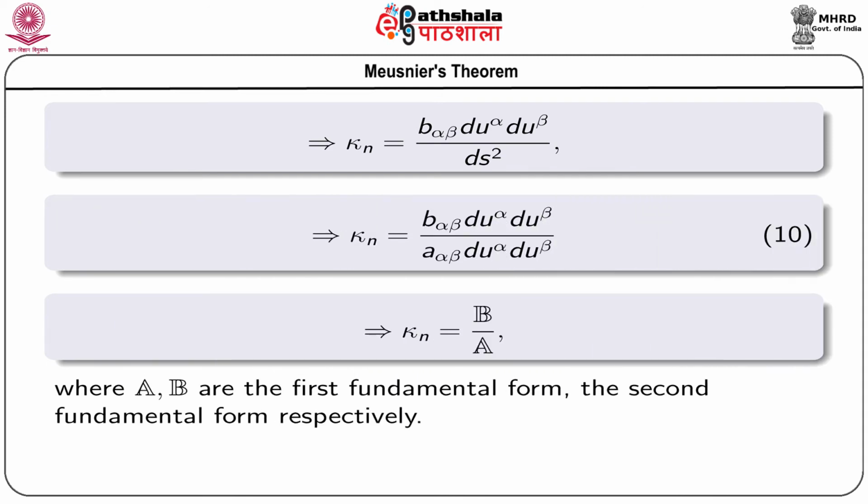That means kappa_n equals the second fundamental form by the first fundamental form. That means kappa_n is nothing but the division of the second fundamental form by the first fundamental form.